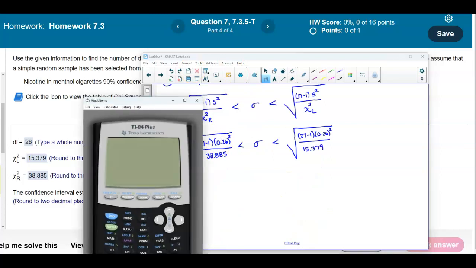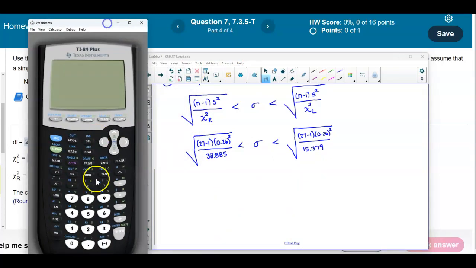So now what we're going to do is put this into our calculator. So we're going to evaluate inside and then take the square root of that result. So if we take 27 minus 1, that's going to give us 26. And then we're going to multiply that by 0.26 squared. And then we're going to divide that by 38.885.